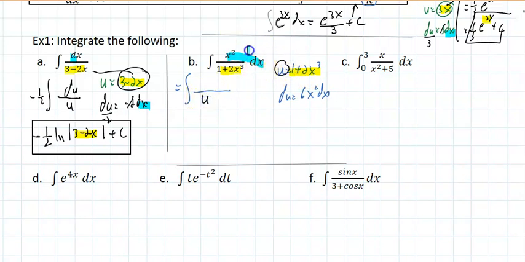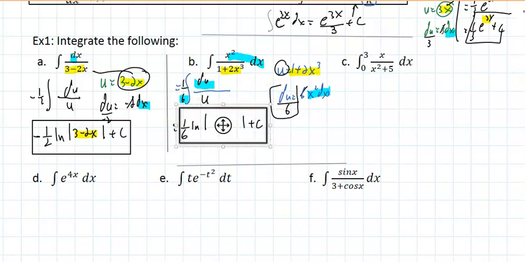And x squared dx, well, that's simply du over 6. So this is 1 over 6 natural log of absolute value of u plus c. Substitute back what u equals, and pretty much you're done. And u was, if you look up there, 1 plus 2x cubed. And that's pretty much it.